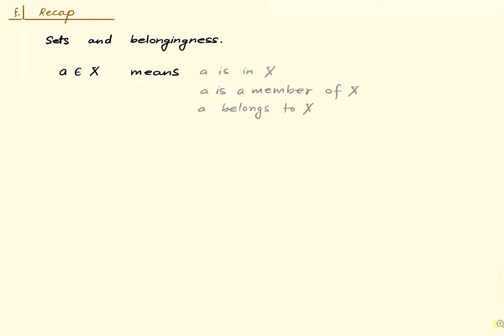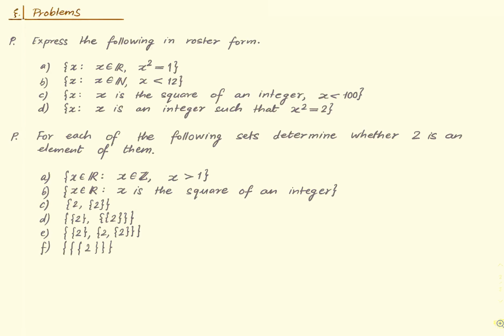A lies in X, maybe you can say, etc. So all of these things are the same, and more or less this is what we did the last time. Here are some problems for practice.